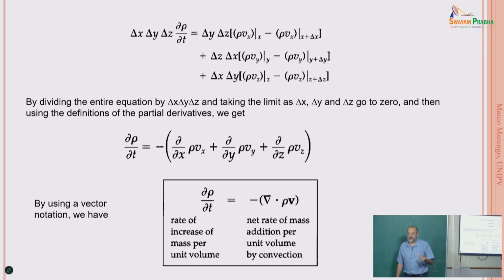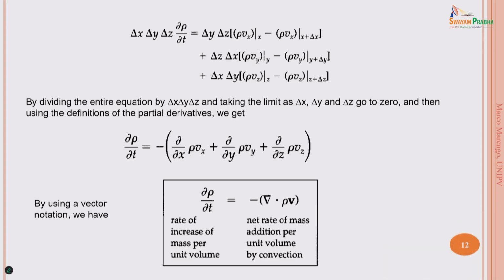It says that the variation of the density in time is equal to minus these derivatives with respect to the three coordinates x, y, and z of the mass flow rate, ρVx and so on, okay? The specific mass flow rate, because I multiply by the area and then divide everything by the volume.